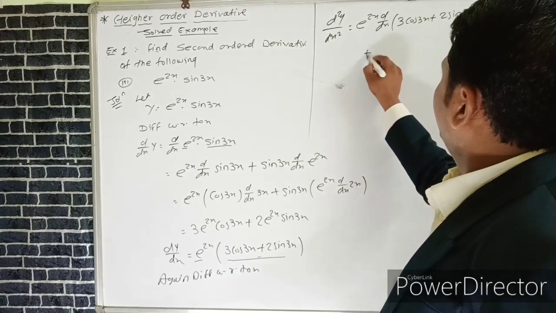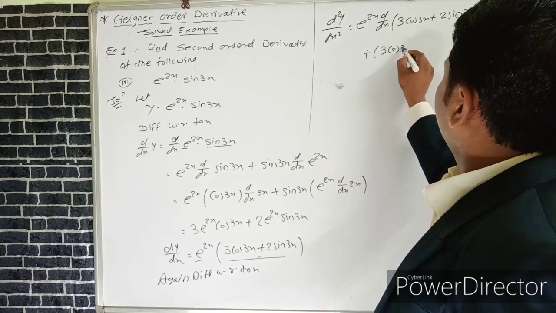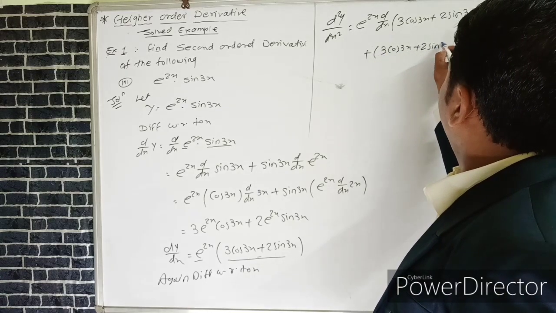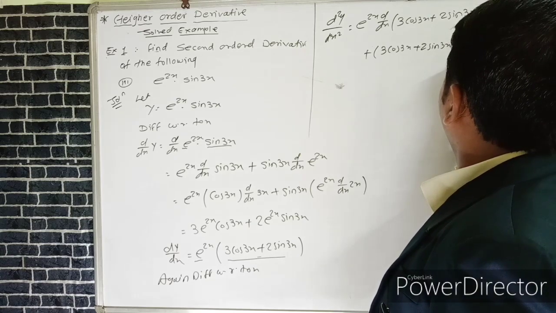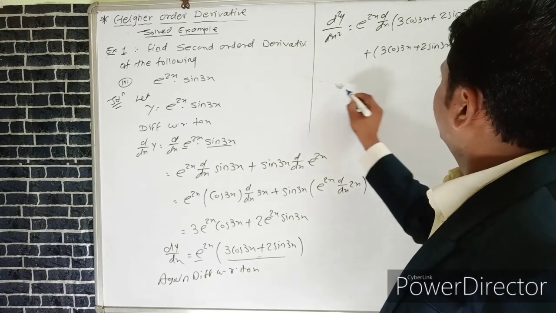Again we can write second function 3 cos 3x plus 2 sin 3x into derivative of e to the power 2x.